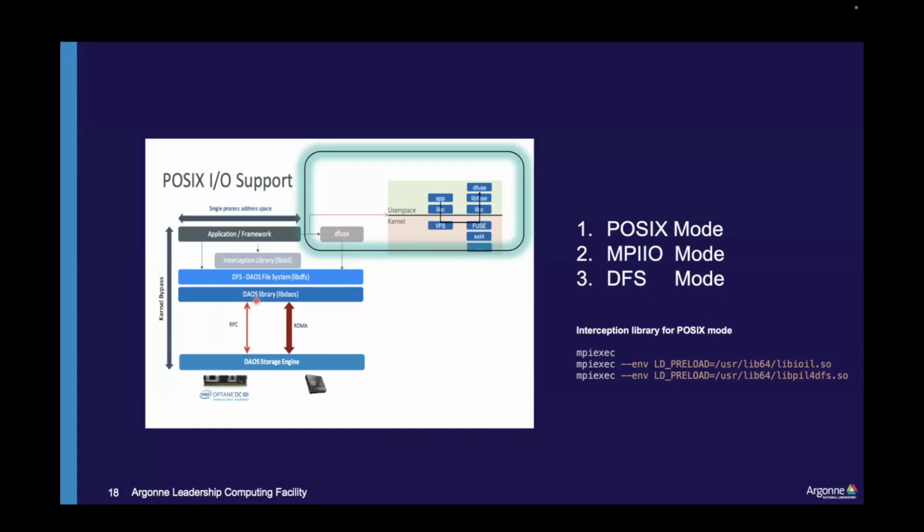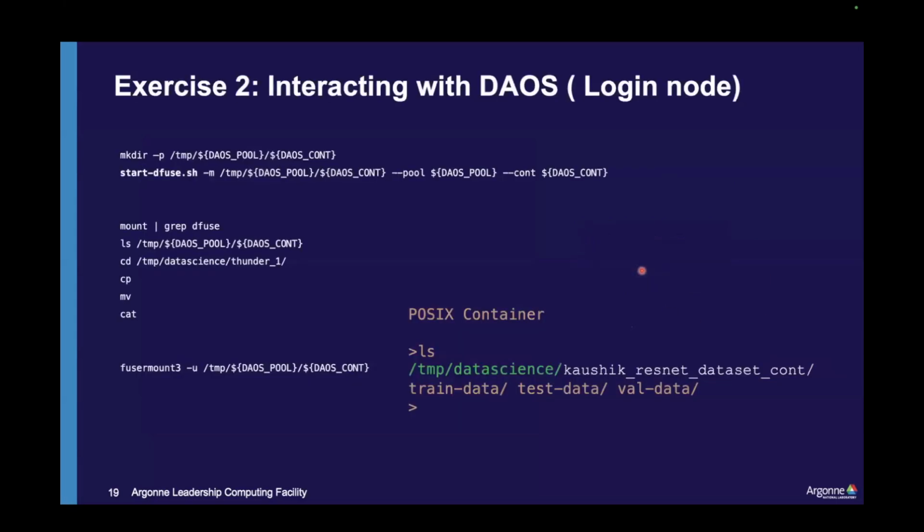DFS mode is directly talking to the libDAOS library. And when you use this interception library on the POSIX mode, you will get very close performance to the libDAOS. That'll be really as fast as using the DFS mode. I'll cover those things later, but just at a high level, you have three modes to interact with DAOS.